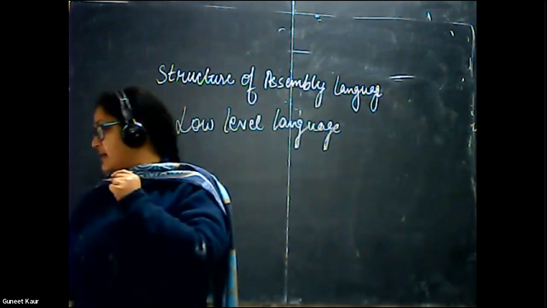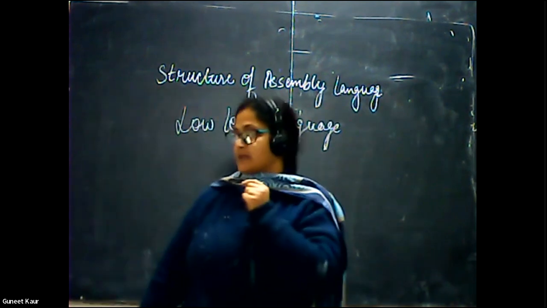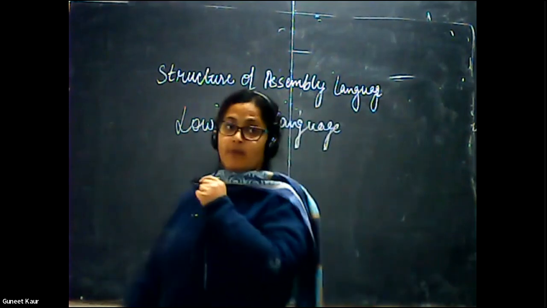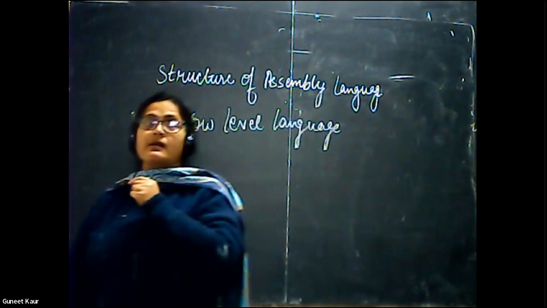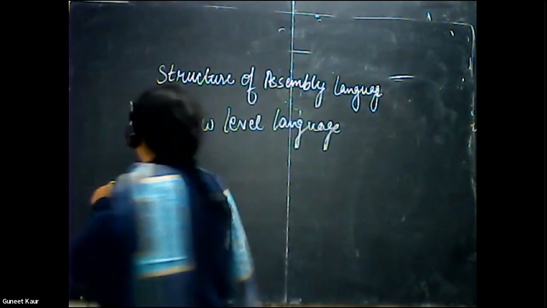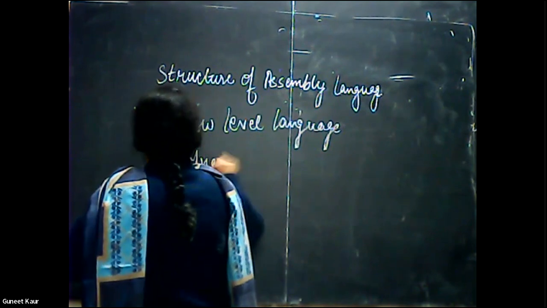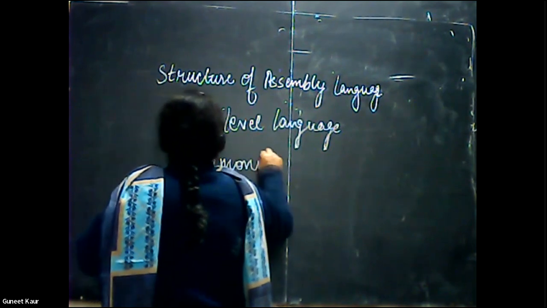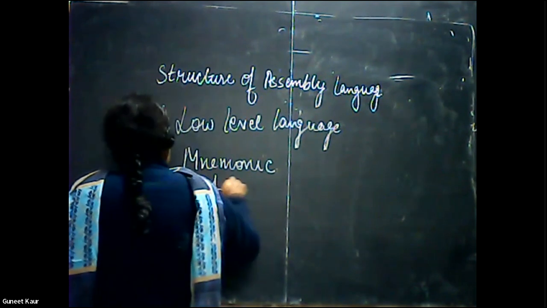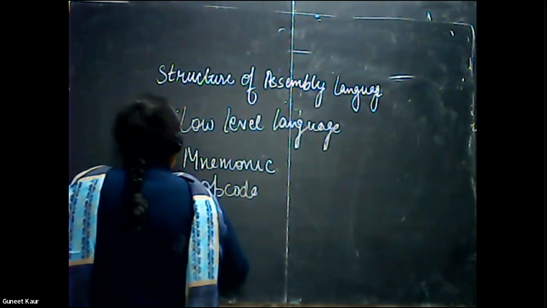Next, assembly language consists of mnemonics. What is a mnemonic? Three words are used in any instruction: mnemonic, opcode, and operand.